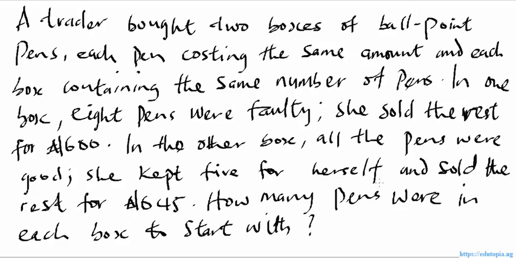Here we weren't told the total number of pens that were in each of the boxes, so that's what we're looking for. But we were told that they contain the same number of pens and each costing the same amount, and then we're told that in one of the boxes 8 pens were bad and she sold the remaining part of it for 600 naira, and in the other none was bad, which means all the pens were good, she kept 5 aside for herself and then sold the rest for 645 naira.